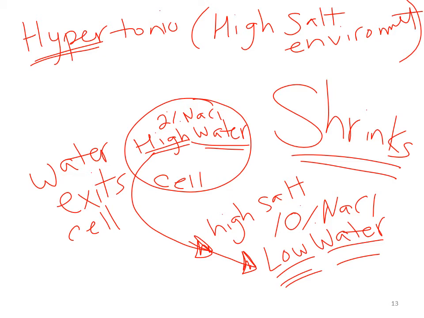So even though you see high salt and low salt here, we're not talking about the salt moving. So focus on the water. The only reason we mention the salt is so that you can figure out where the high water is and where the low water is. Okay? And again, if this is still confusing at all to you, just send me a message and we will go through it in the Remind app.